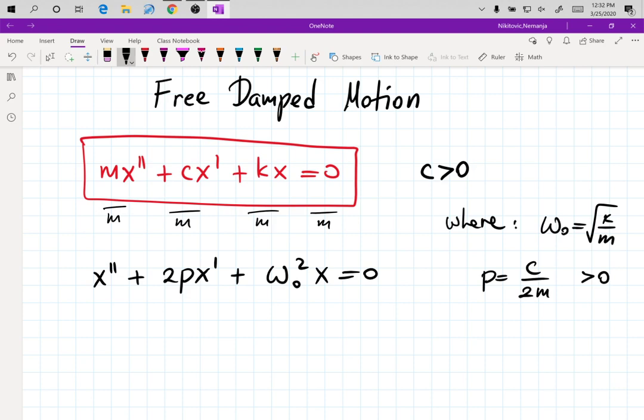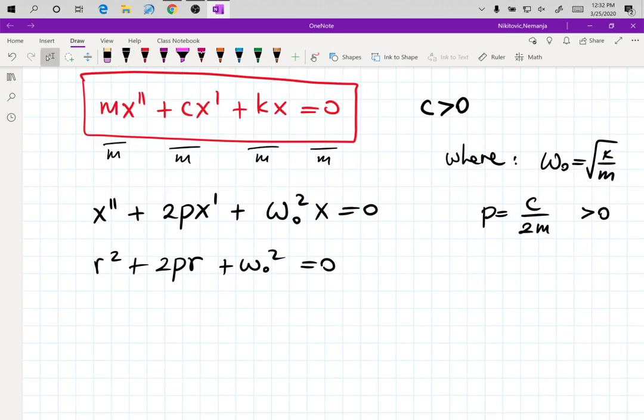All right, cool. So now we do our characteristic equation to solve this. So r squared plus 2pr plus omega 0 squared is equal to 0. This one we can easily factor, right?